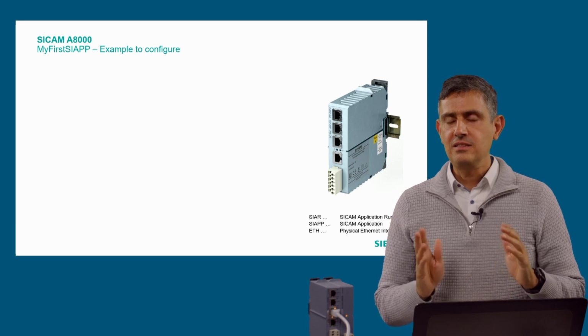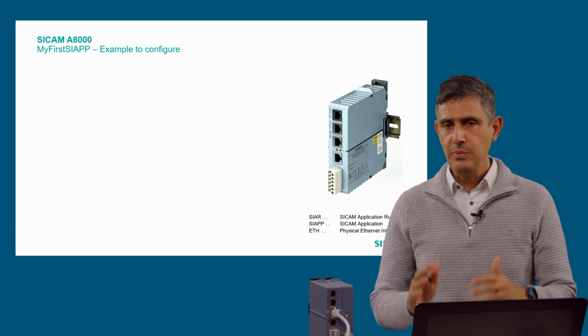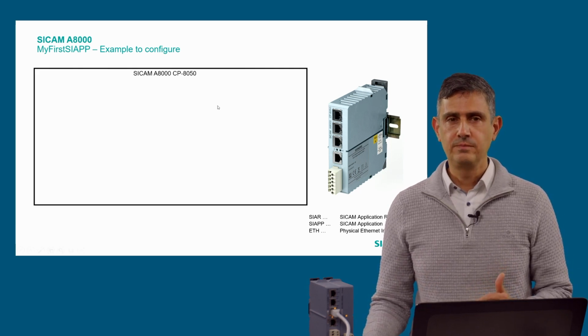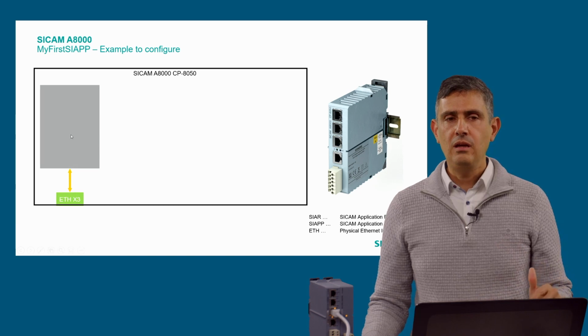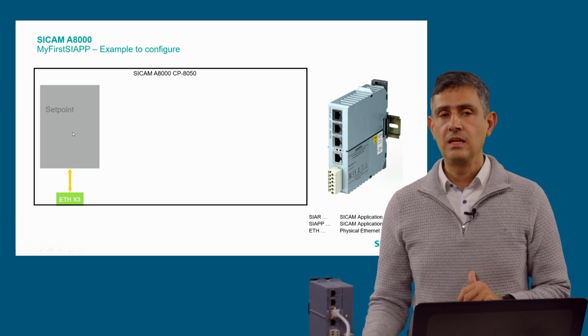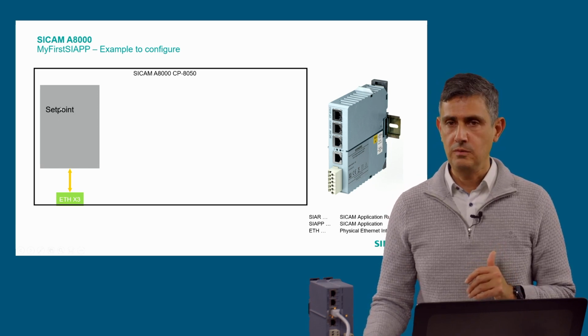So let's start by describing the exercise that we want to perform today. We have a CP8050, and in this CP8050 we will have one port to configure the RTU, and we have configured one floating point set point.